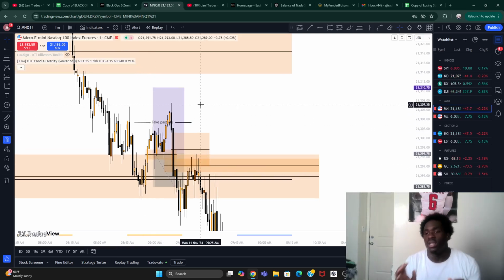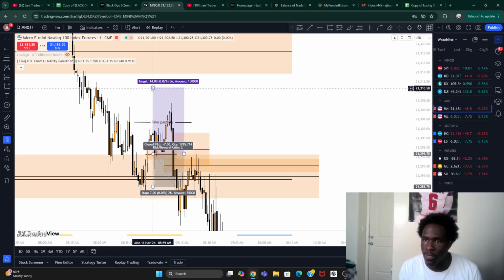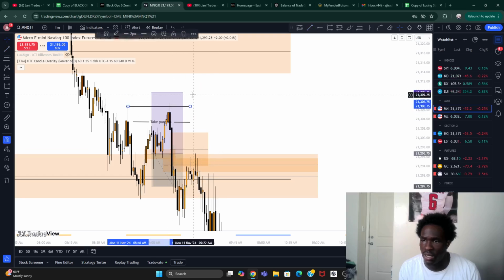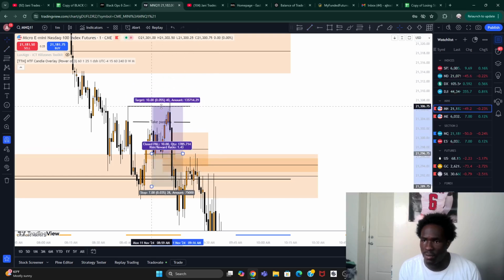But this is what I'm saying about taking your profits and your opportunities. I had a profit target of these highs, but knowing me, I should just stick to targeting my recent swings. This is the recent swing here, and as I mark this out, that would have been my take profit.